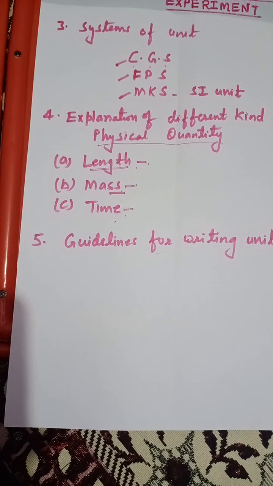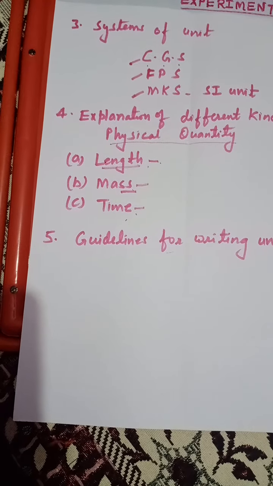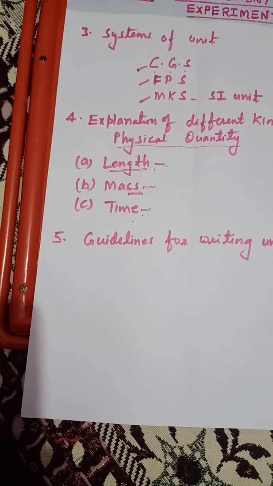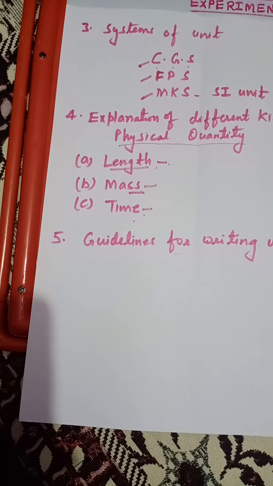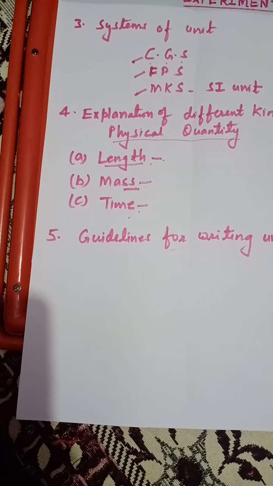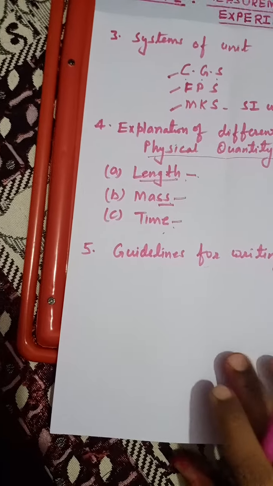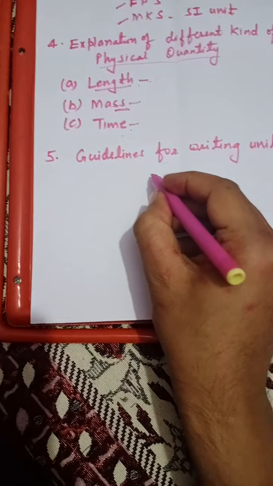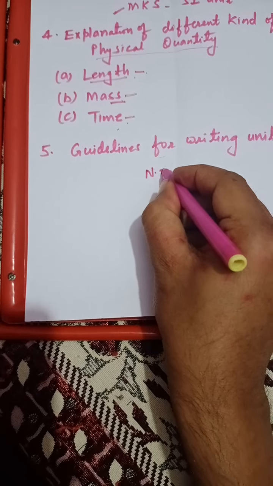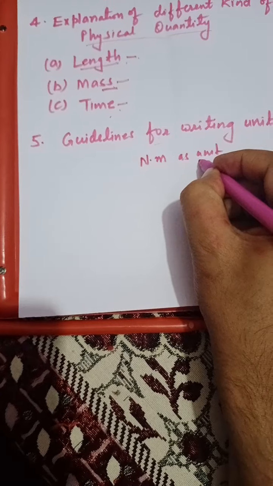Then the third point, a compound unit formed by multiplication of two or more units is written after putting a dot, cross or leaving a space between the two symbols. For example, suppose I have to write Newton meter as unit.